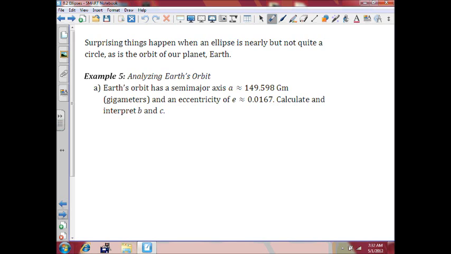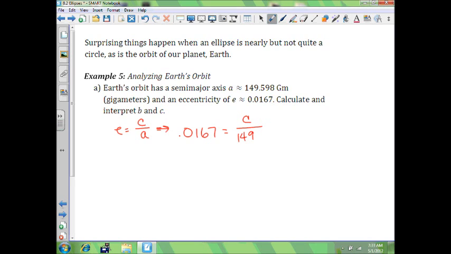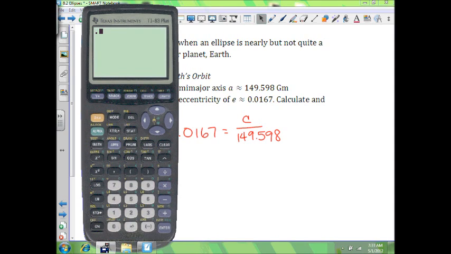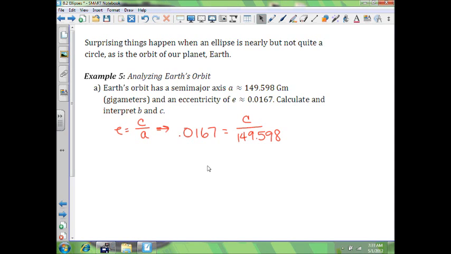Well, since e is equal to c over a, that means my eccentricity, 0.0167, is equal to c over 149.598. That will tell you that if we take 0.0167 times 149.598, we'll get a c value of 2.498.